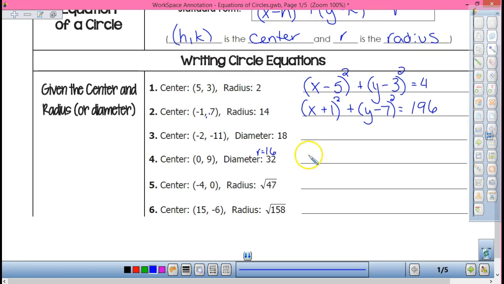So I'm just going to make it x² + (y - 9)² = 16 squared? 16 squared? 256? There you go.